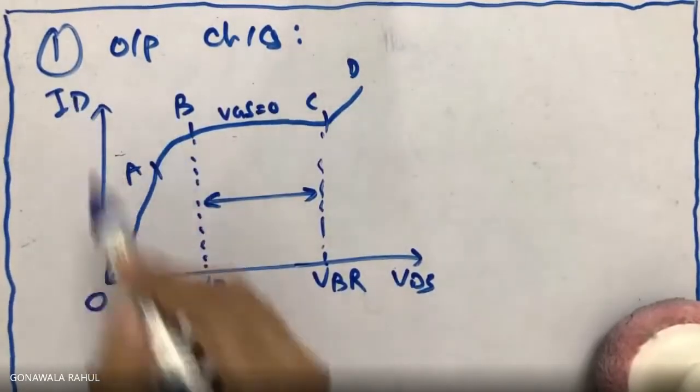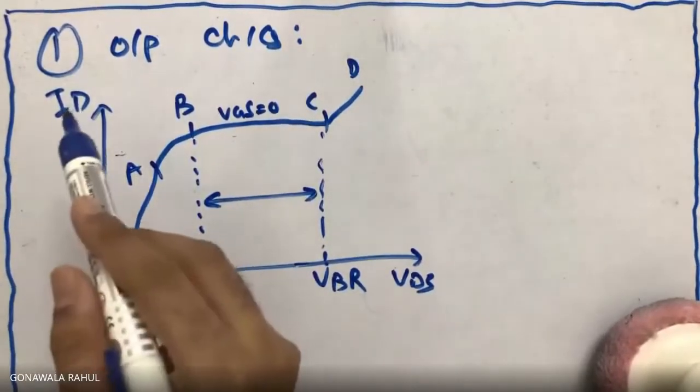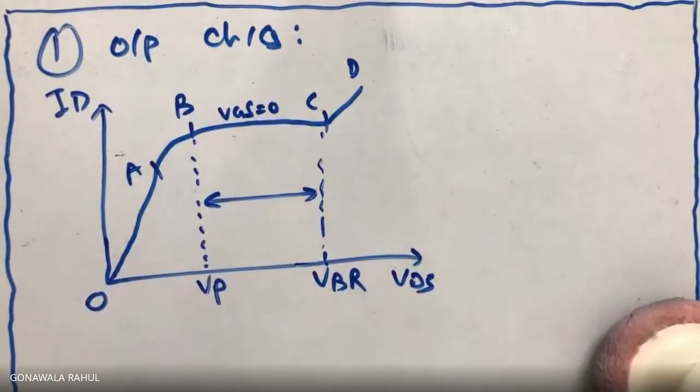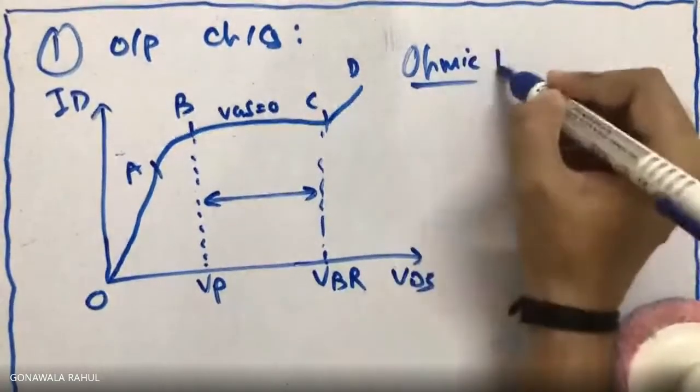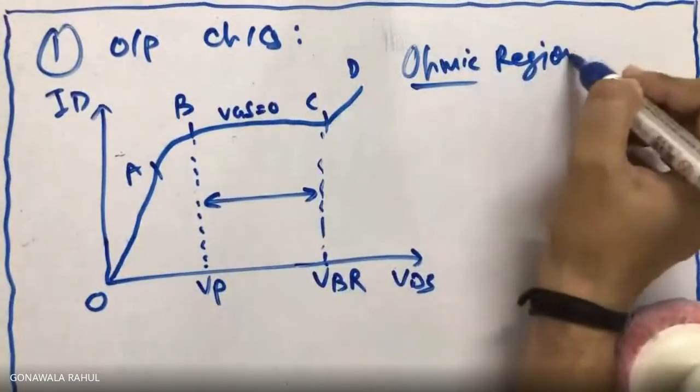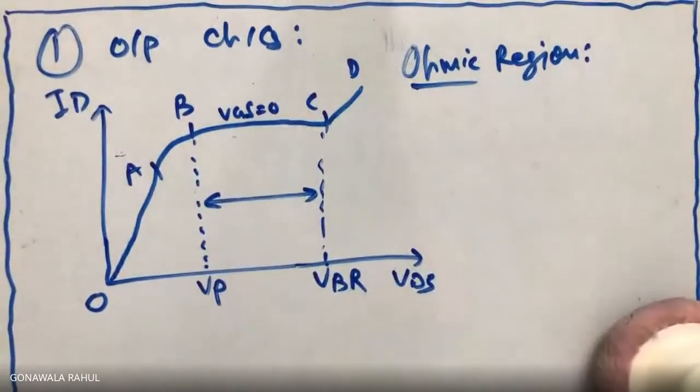So basically it is plotted between ID and VDS, keeping VGS as our parameter. In this, a few regions have been found. First region is known as ohmic region.